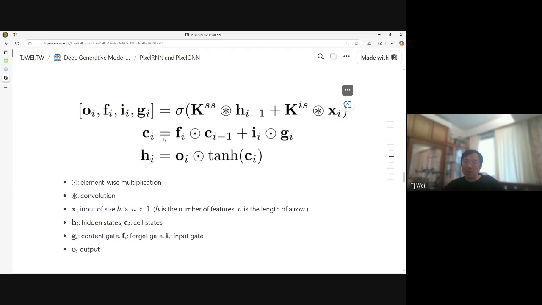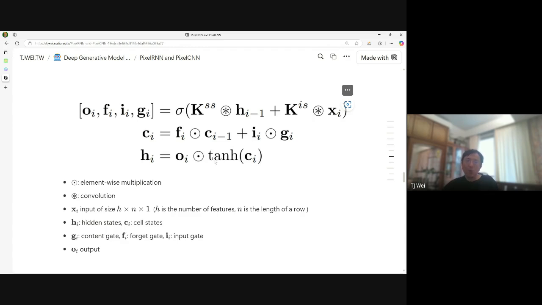You can see that the context forgets something and updates something, and when the output is computed, it takes from the output gate, using the hyperbolic tangent on the context.